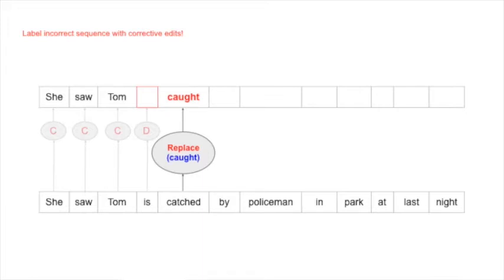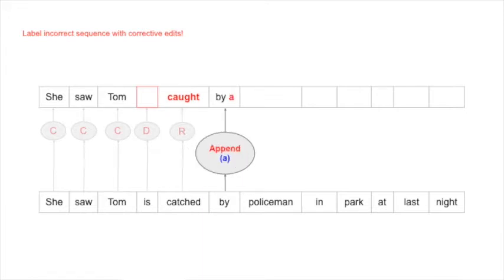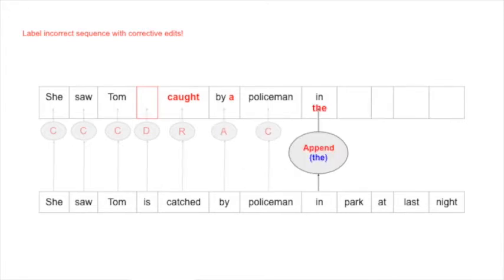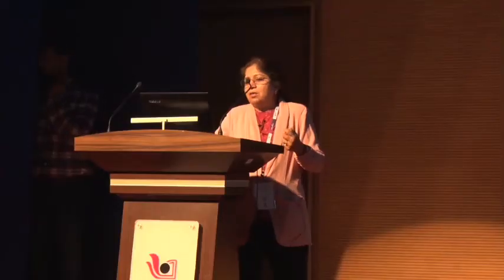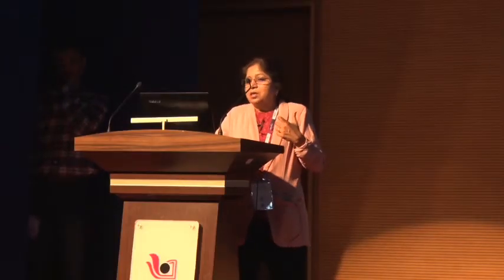So this is a replace command. And we have another command which is append. Here the article the was missing, so I am going to create a command which adds a the after the word in, and so on and so forth.